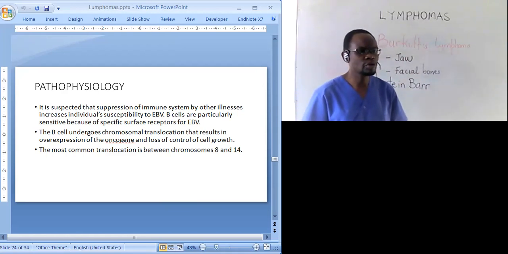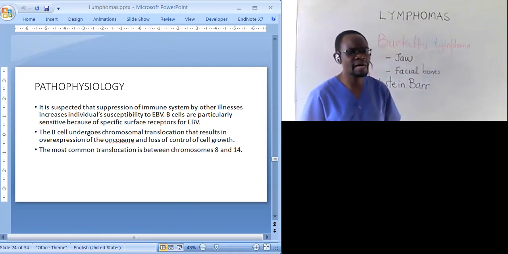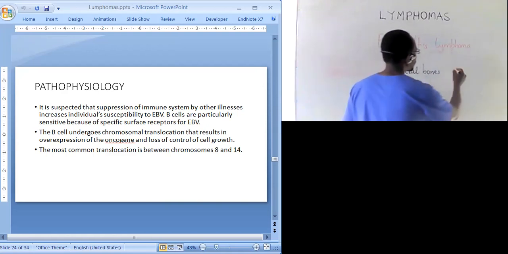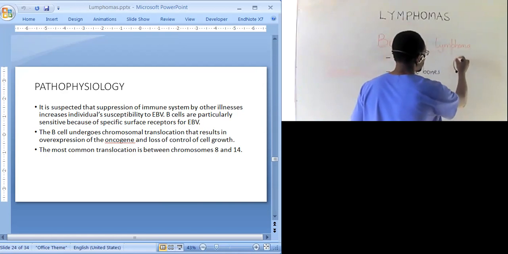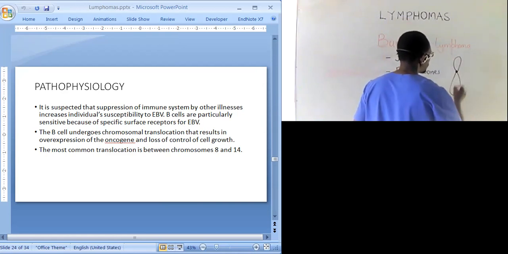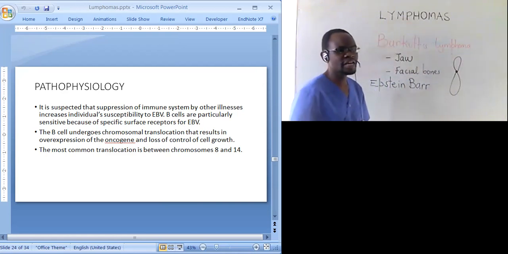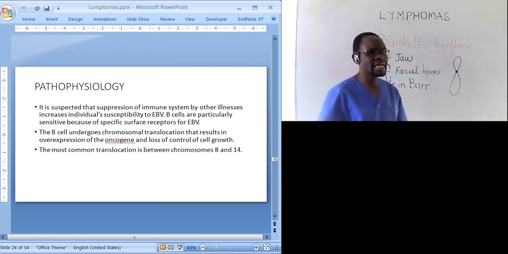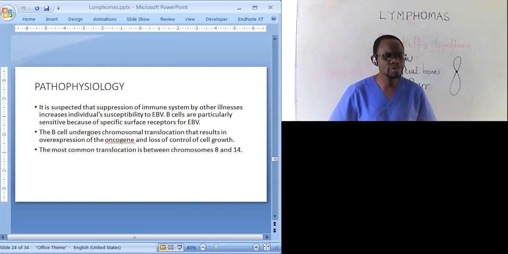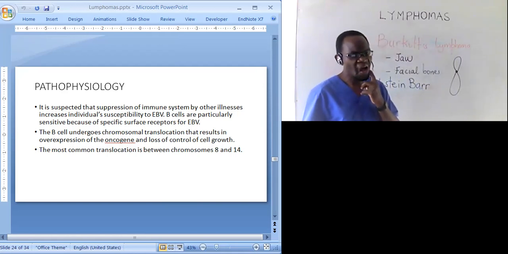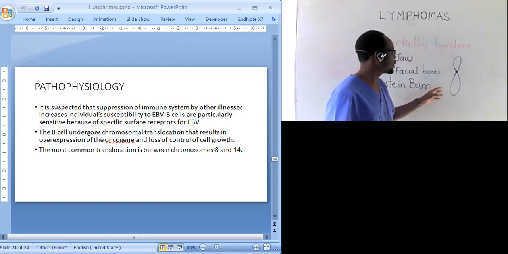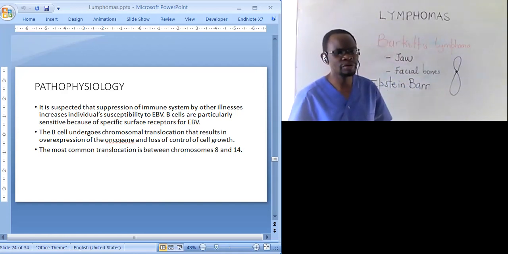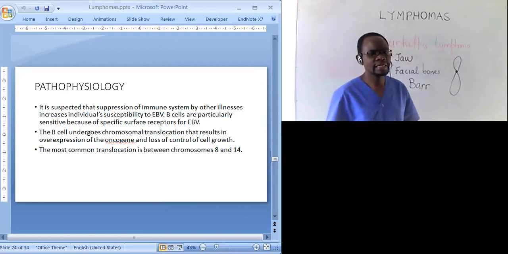There might be many sites of chromosomal translocation, but they are saying that the most common sites are in chromosomes 8 and 14.